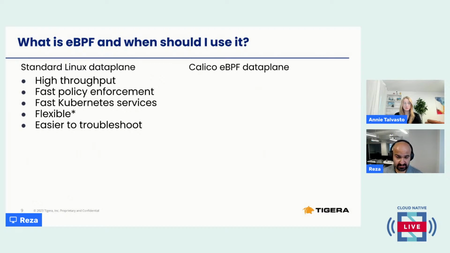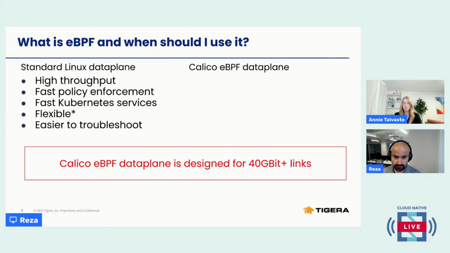So eBPF data plane is designed for 40 gigabit links or more. It has a higher throughput, while its resource consumption is less than standard data plane. Keep in mind that this is not something that all eBPF data planes might share. Everything is different.